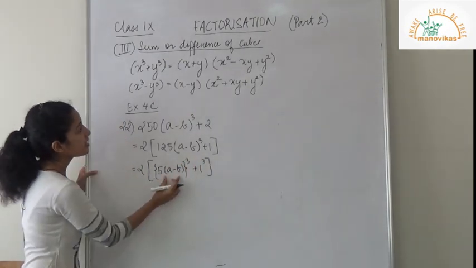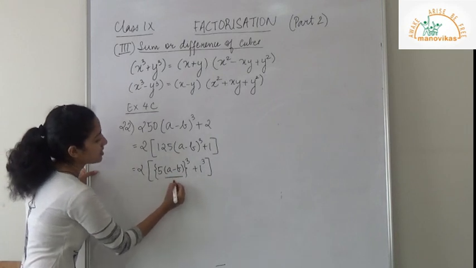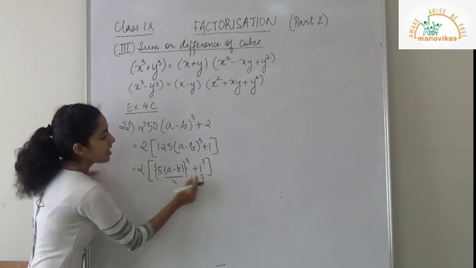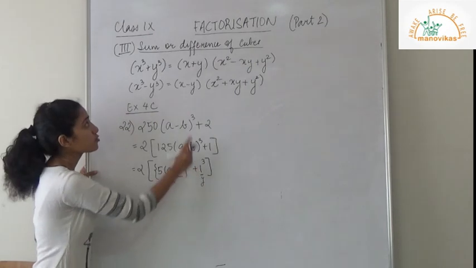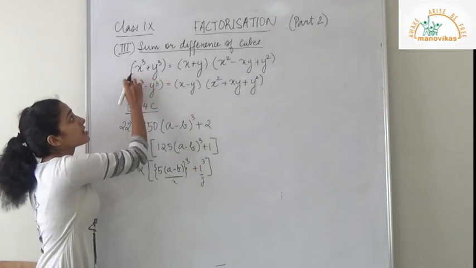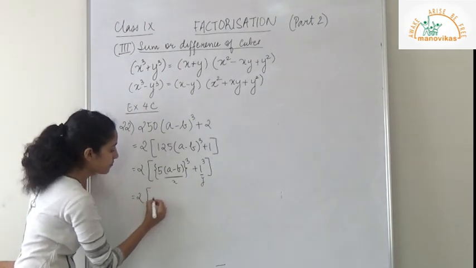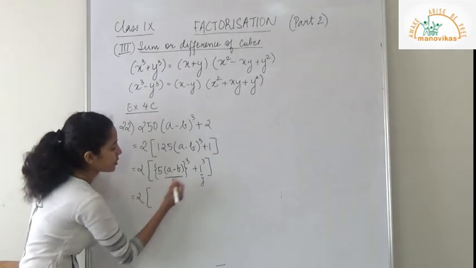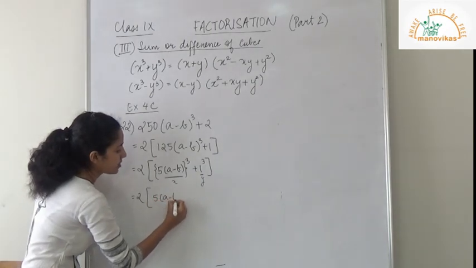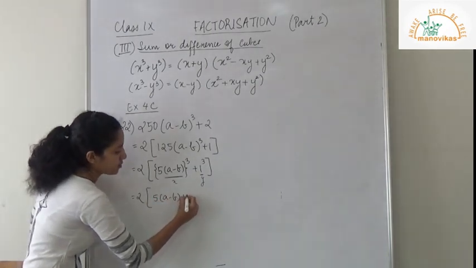Now note that this is again, here this is taken as x and this is y, and the sign between both of them is plus, so we will be using the sum of cubes identity again. So that is 2 times first x plus y, so that is 5 a minus b plus 1.